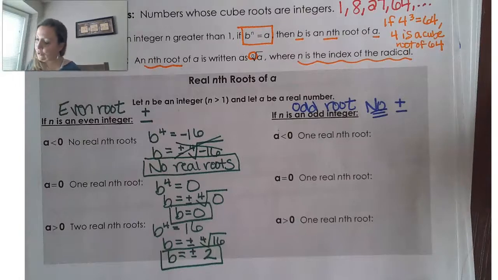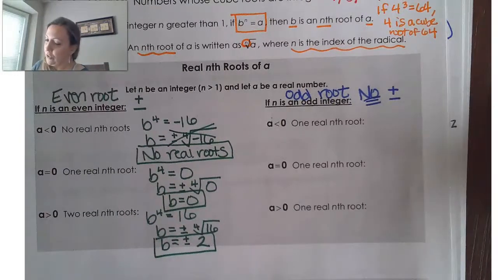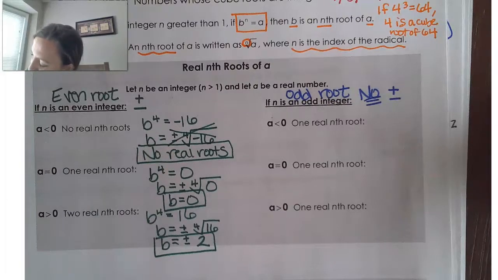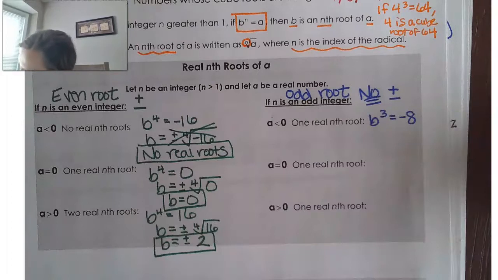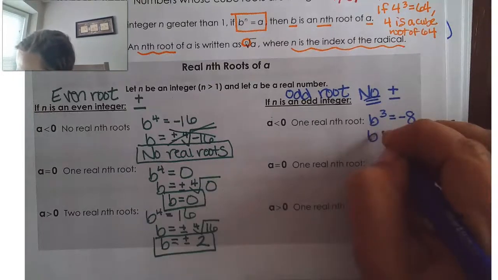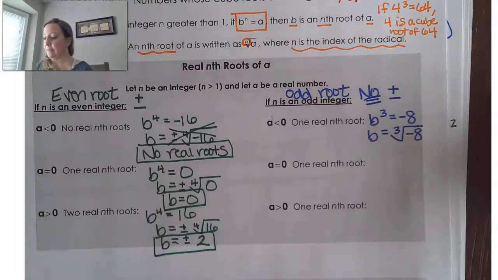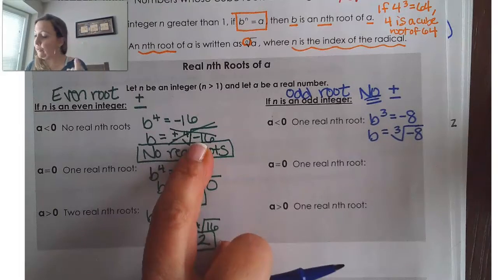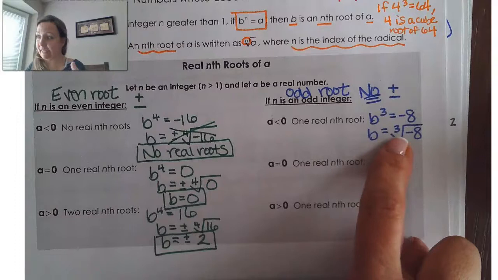So we are going to, for example, use 8. If b cubed equals -8, then what I would want to do is take the cube root of 8. Now, there isn't something that we could multiply n times to get a negative, but you can multiply something an odd number of times to get a negative.